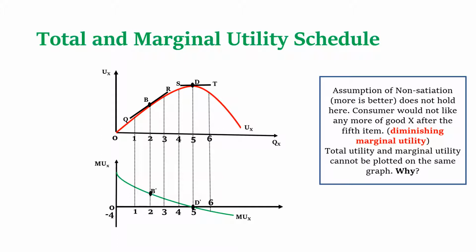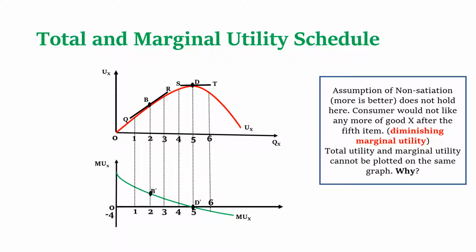This means that the assumption of non-satiation does not hold in this particular case. Because if more is better, then the consumer will continue to consume even though he has reached his saturation point. But according to this schedule, we notice that after point D, the consumer would not like any more of good X because its marginal utility is declining, is negative.